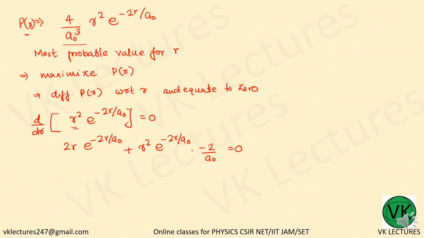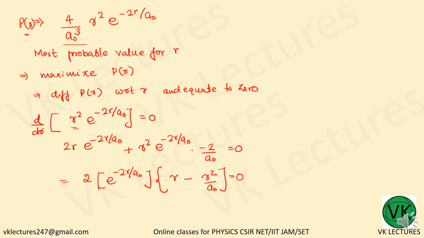So let's take common out: 2 into e to the power minus 2r divided by a naught, let this be the common factor. Then we have r minus 2 r square divided by a naught equal to 0.